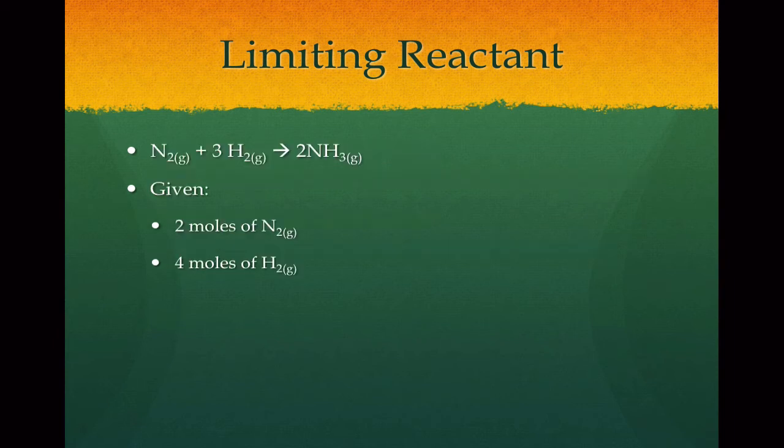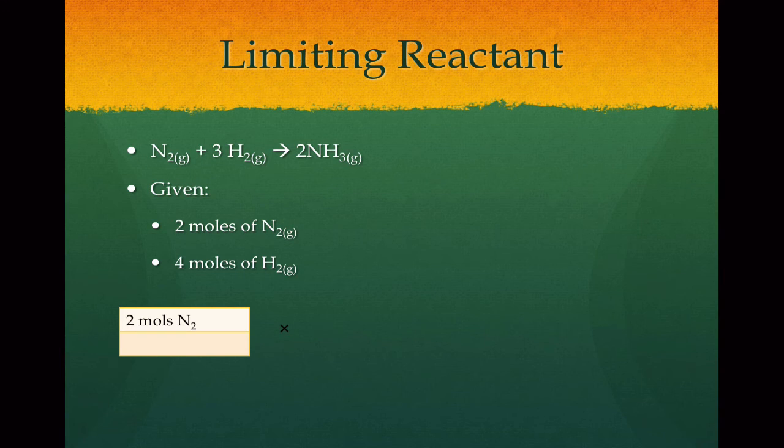If we have this balanced equation for the production of ammonia, and we are given 2 moles of N2 and 4 moles of H2, here we've already got these values in moles, so we don't need to do any extra conversion. We then can pick one of them, and I'm going to choose 2 moles of N2. We want to figure out what would be the ideal amount of H2 to react with 2 moles of N2.